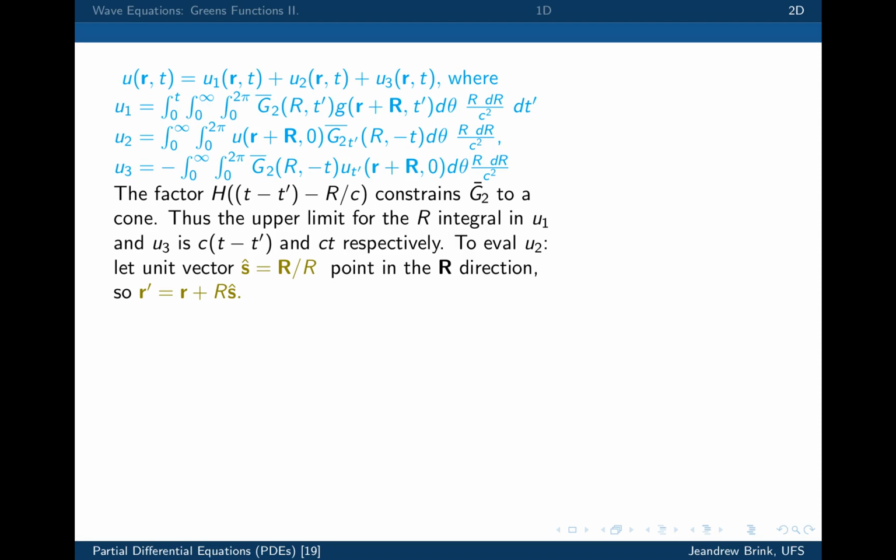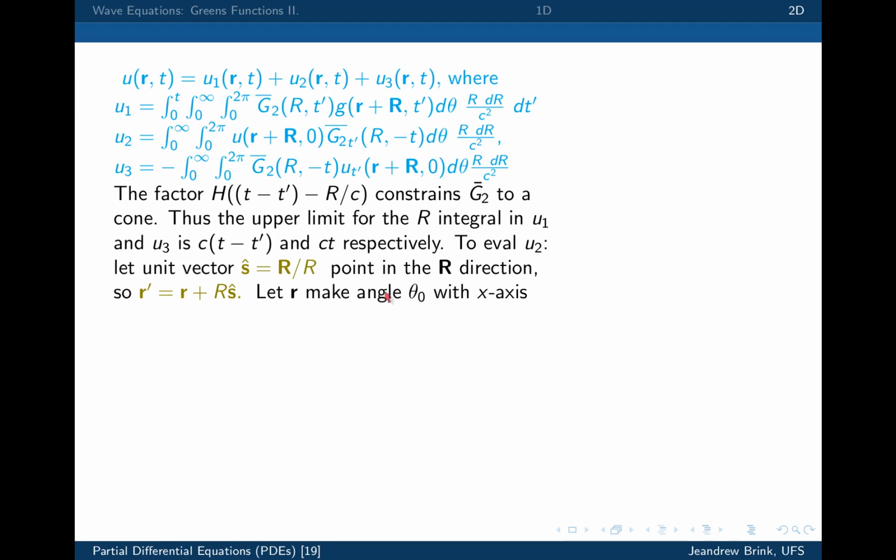And so a way to express your r prime, in other words, where you want to evaluate this integral, is simply to say it is r, which is the origin of the coordinate system, plus R, which is now a scalar, the scalar norm of the big R vector, times s hat.